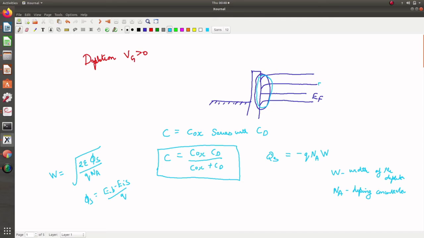EiB is the normal intrinsic level, and EiS is the intrinsic energy level after bending.